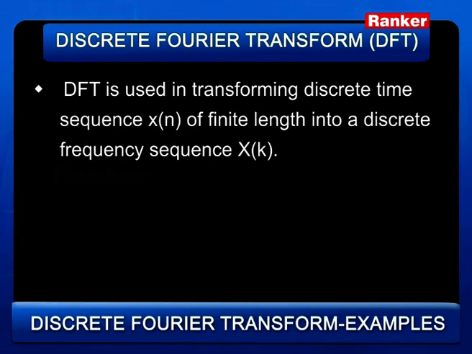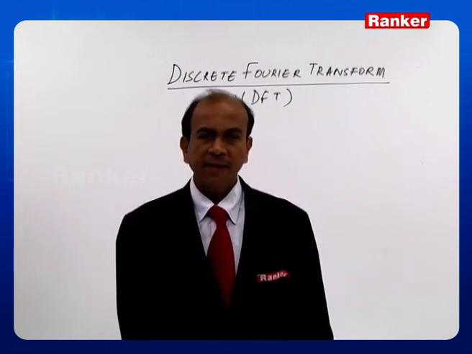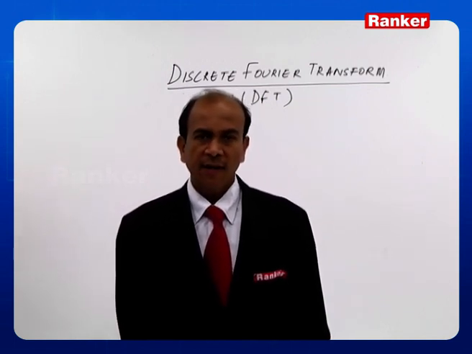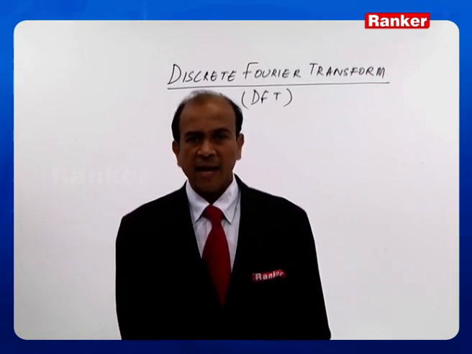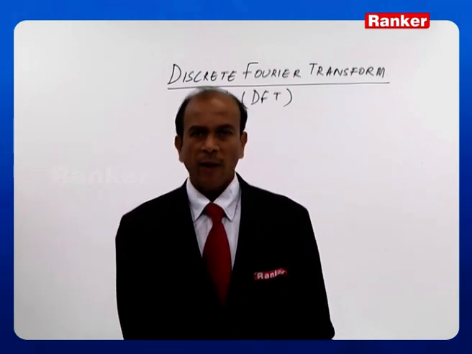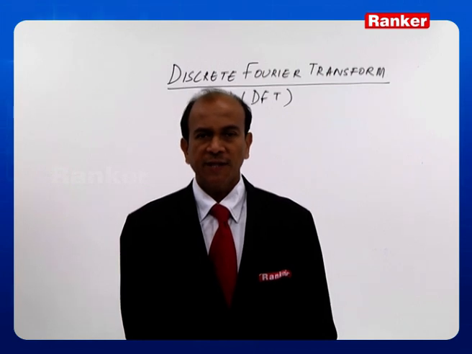So DFT is used in transforming a discrete time sequence x of n of finite length into a discrete frequency sequence X of k. What are we doing? Take a discrete time signal x of n of finite length, then I get finite samples X of k, that is the frequency representation. This is possible when I take into consideration the DFT, that is the discrete Fourier transform.